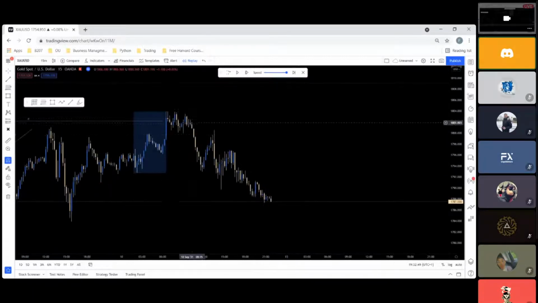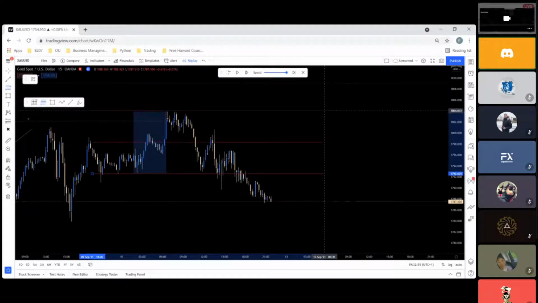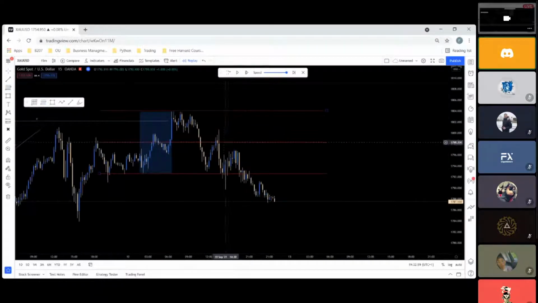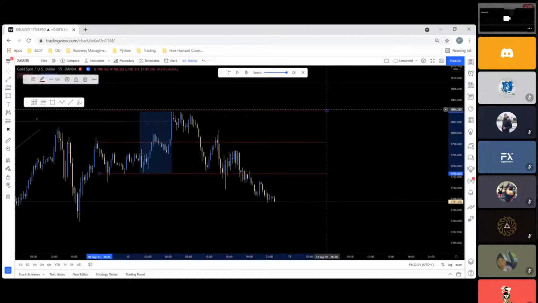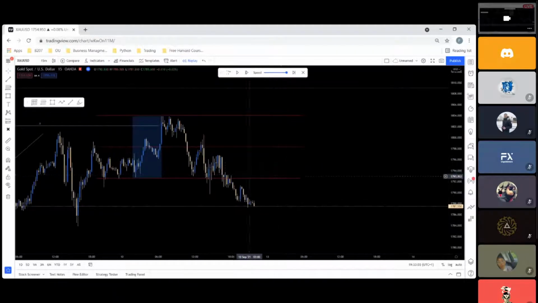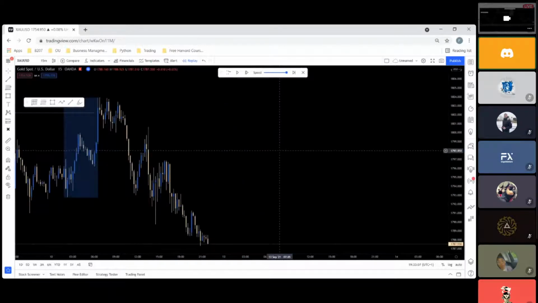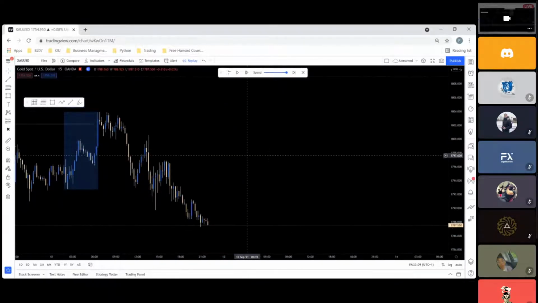But for me, I'd still be interested in taking the 50% level, or at least having a look at what's happened in price. So 50% level, we got this wick here. And this is something I do with gold as well: I look at wicks and what they've done.